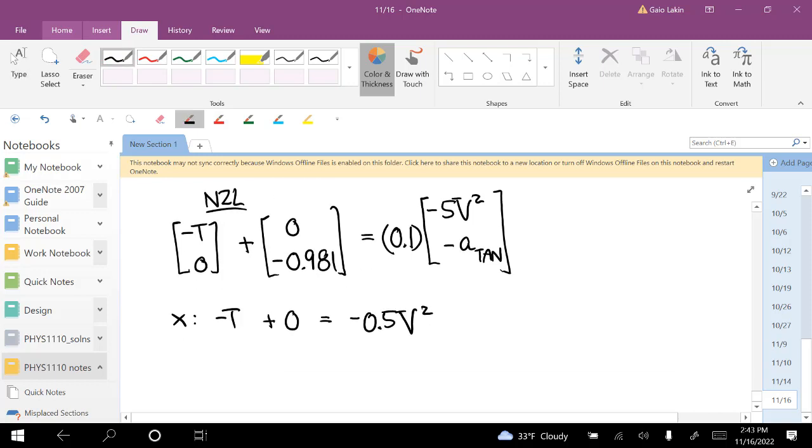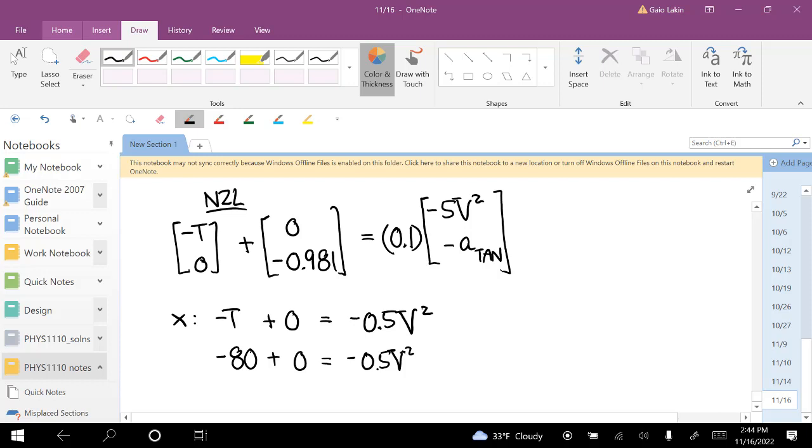And I'll substitute 80 in for T, so we have negative 80 plus 0 is equal to negative 0.5 v squared.